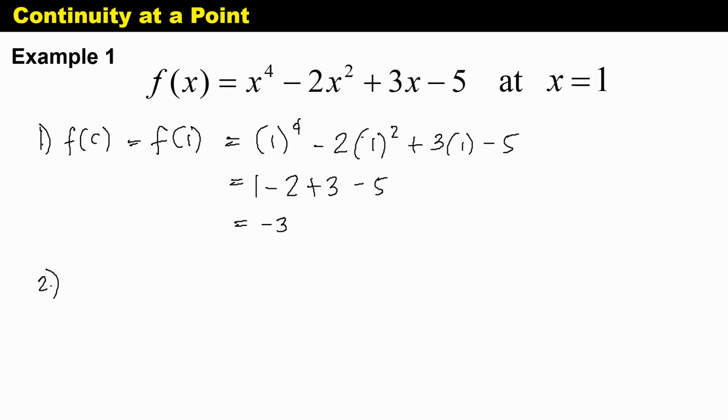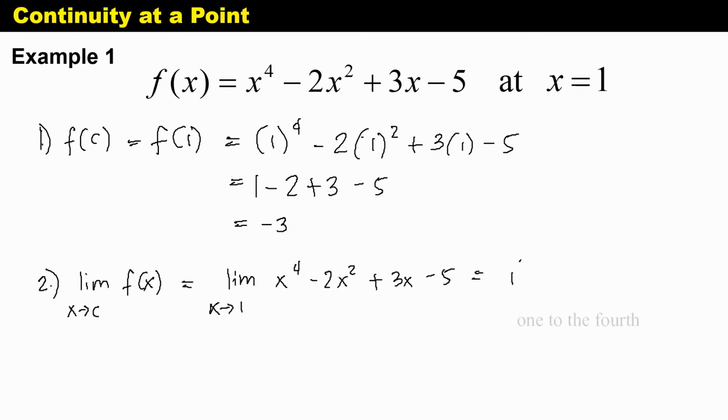Now, the second condition is if the limit of f of x as x approaches c exists. We will be solving for the limit of x to the fourth minus 2x squared plus 3x minus 5 as x approaches 1. So by substitution, we have 1 to the fourth minus 2 times 1 squared plus 3 times 1 minus 5.